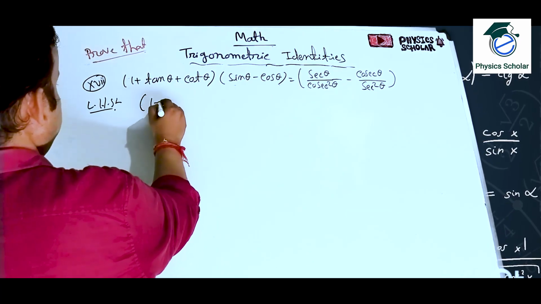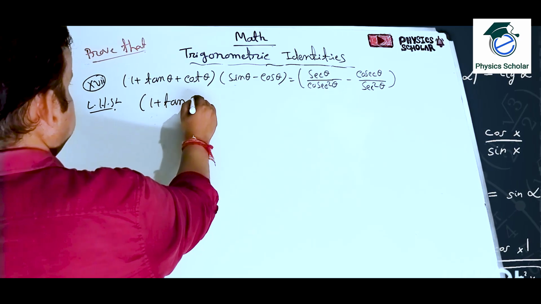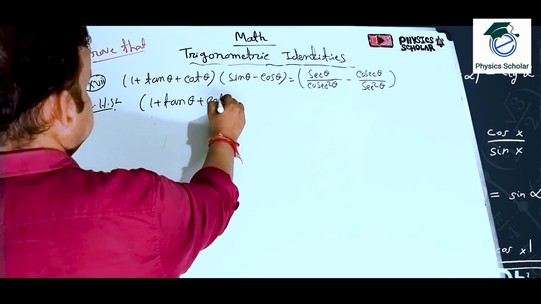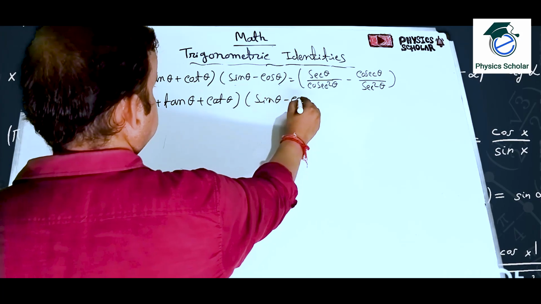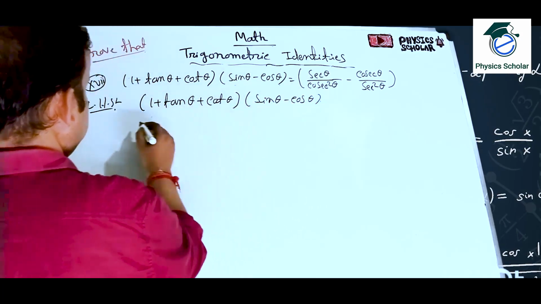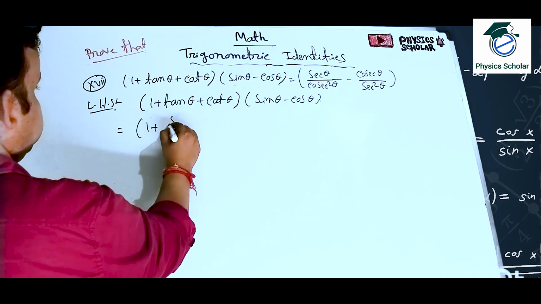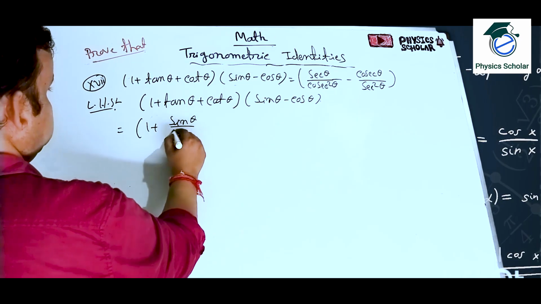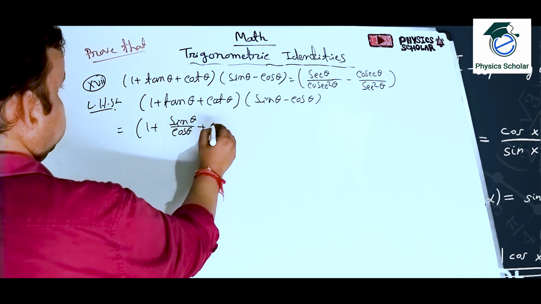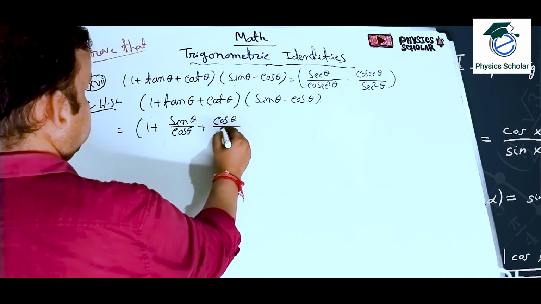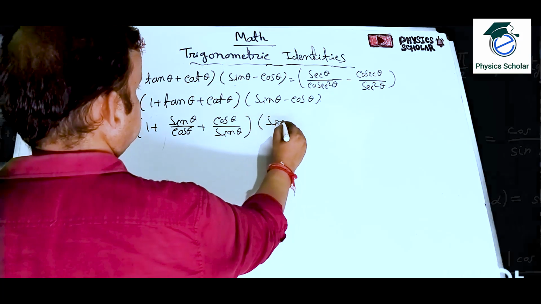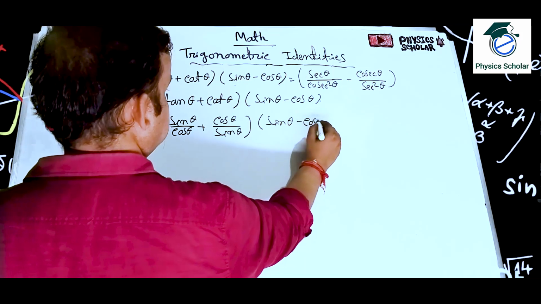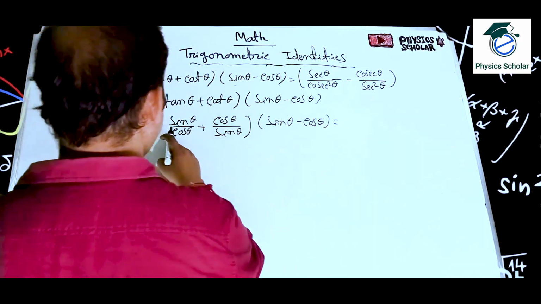Okay, so 1 plus tan theta plus cos theta into sin theta minus cos theta. Okay, so 1 plus sin theta by cos theta, tan theta means, plus cos theta by sin theta into sin theta minus cos theta.